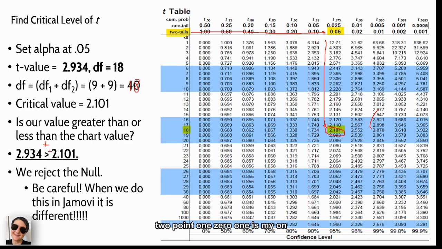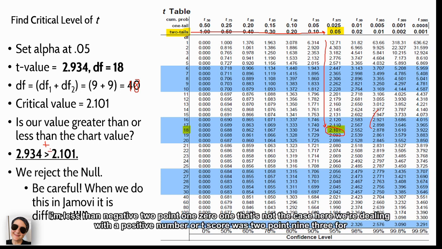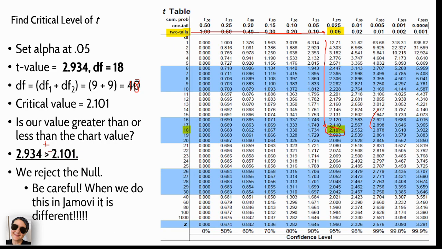If my means had a difference that indicated a decrease for my treatment, I would need a number that was less than negative 2.101, but that's not the case here. We're dealing with a positive number. Our t-score was 2.934. That is greater than our criteria that we set, so we're going to reject the null.